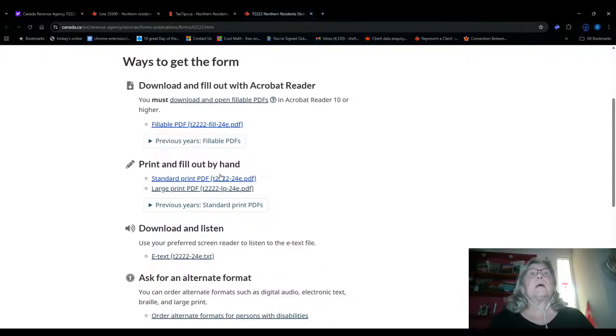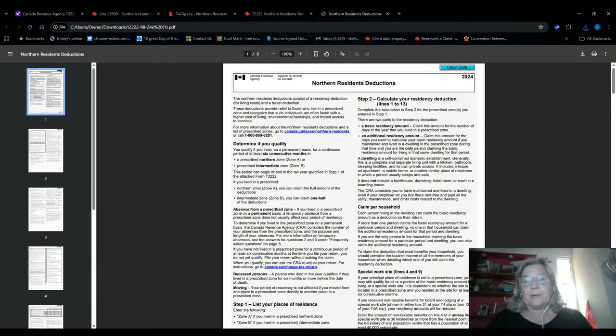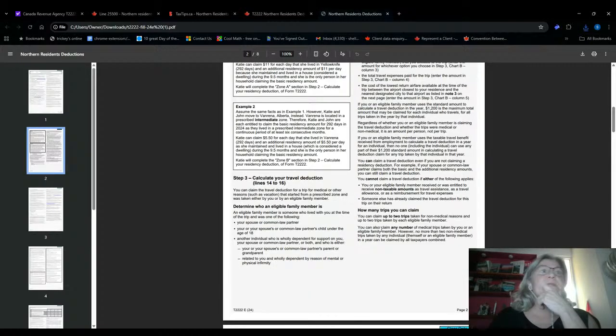It's taking its time. Okay, let's open it up. If you don't have the most recent version of Adobe Reader, it doesn't like you. It'll tell you that unless you update your Adobe, you're not going to be able to see this. So as you can see, I do like to always show you the forms.